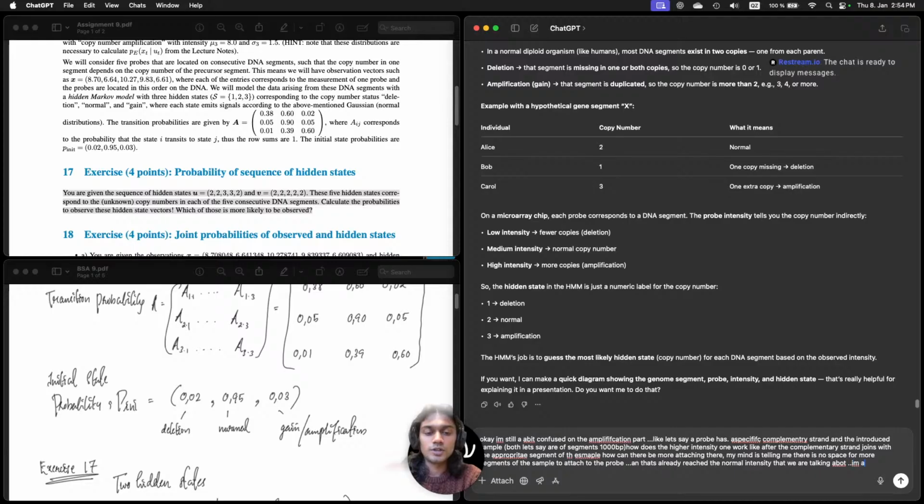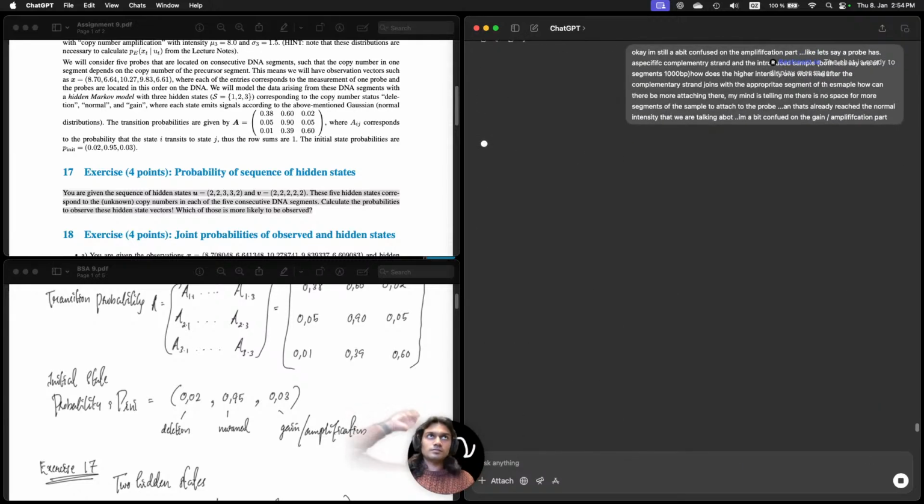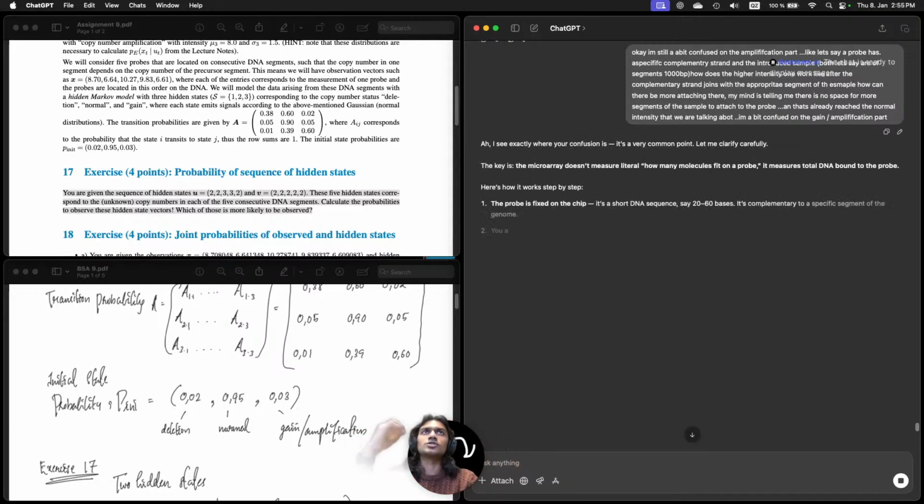I'm a bit confused on the gain slash amplification. I don't know why, maybe I'm stupid, but I cannot physically imagine what you mean by amplification.